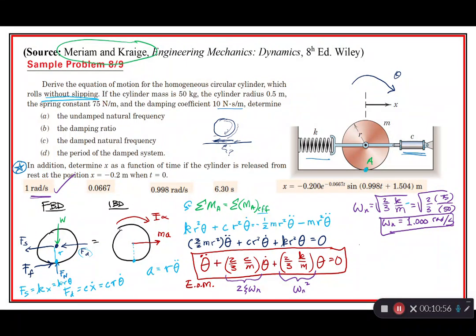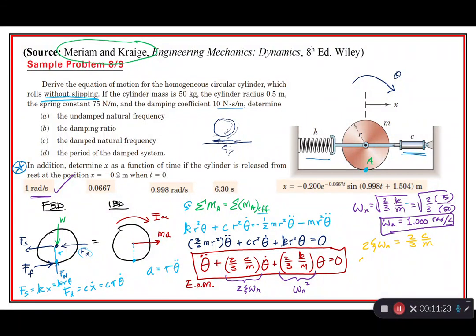And with it, we can find, so we said that 2, let me get another color so I can differentiate. I might actually really go to the next page. I'm working a little harder than I need to. So we said that 2 zeta omega n is going to be equal to 2/3 c over m.